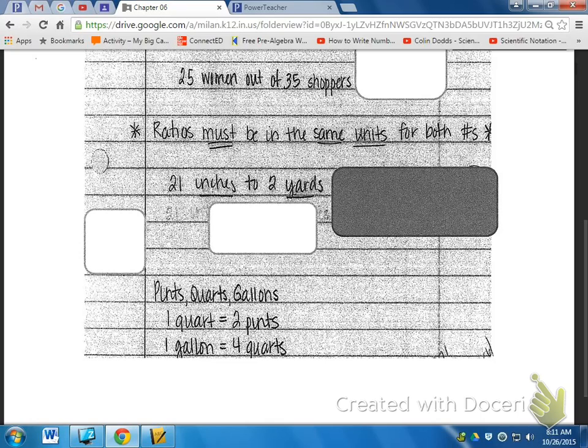But when you see something like 21 inches to 2 yards, there are units. So, Trayton, I'm going to help you out to begin with, and then I'm going to let you help me finish it. You would definitely have to write 21 inches over 2 yards.